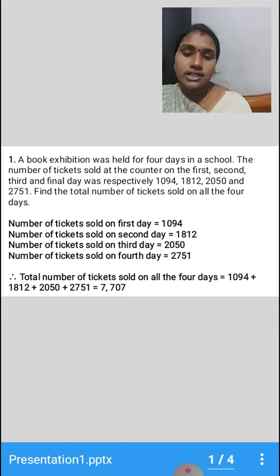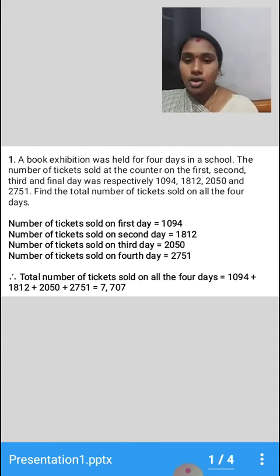So what is the first statement given there? Number of tickets sold on the first day is 1094. Number of tickets sold on the second day is 1812.